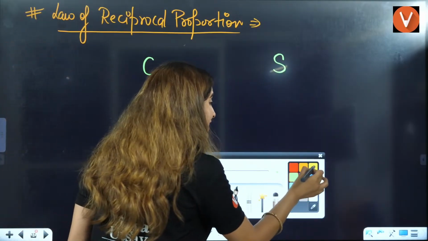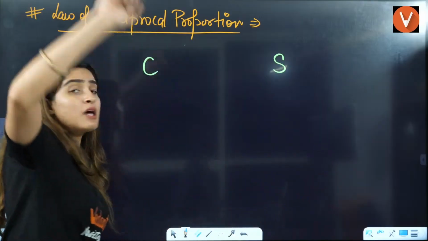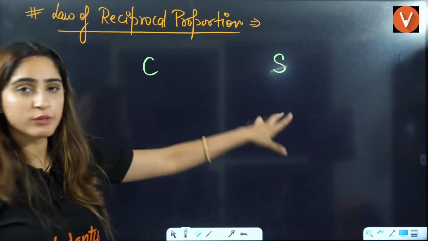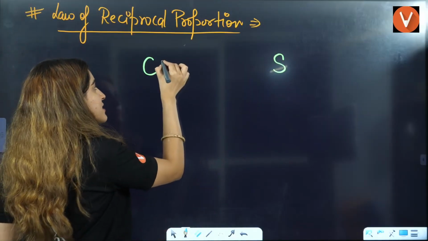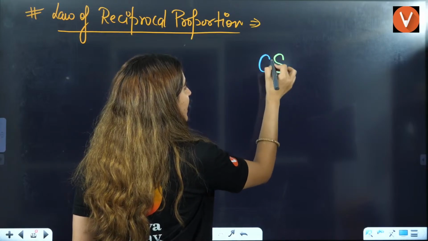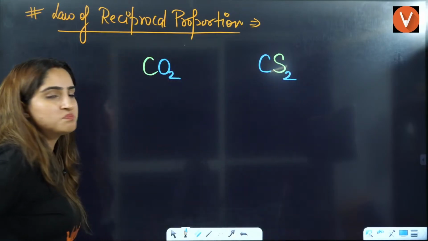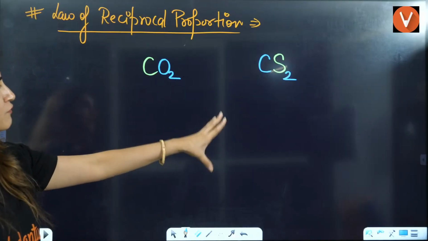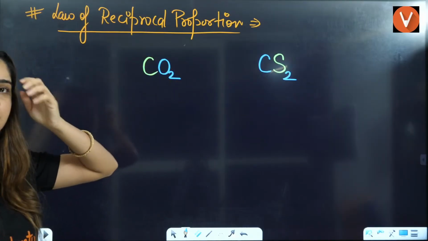Now, we are saying that there is some third element that is combining with both of them. Let's say it is oxygen, so it is CO2 and this is CS2. Carbon with sulfur is CS2, carbon with oxygen is CO2.